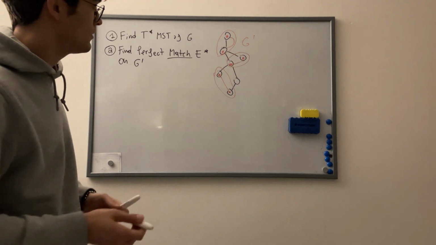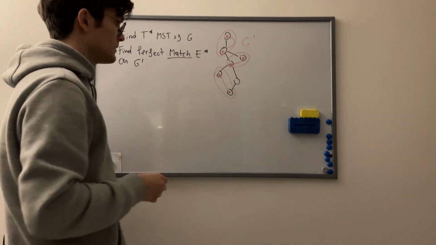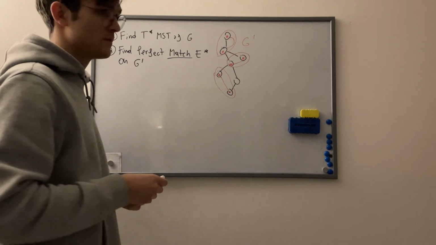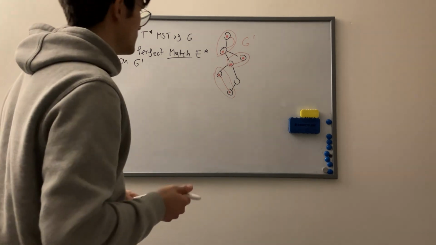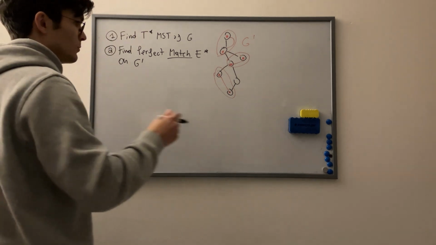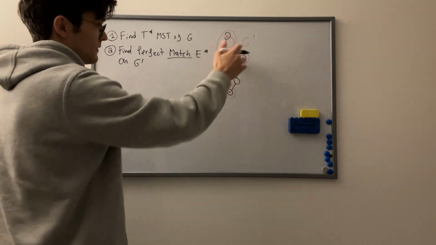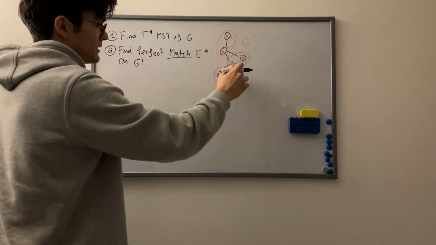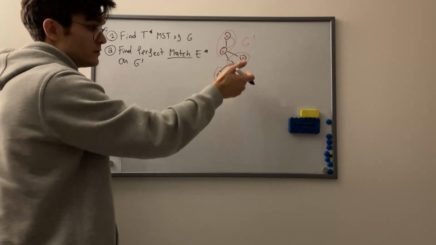Okay, so now, as you can see, all of these nodes that we created have an even degree. These guys have even degree now, and this other guy had an even degree also before.